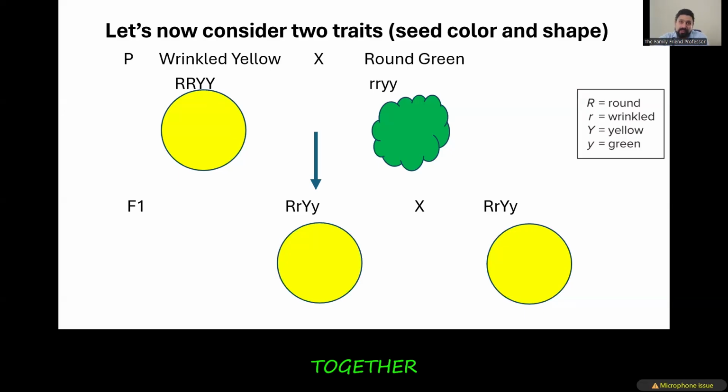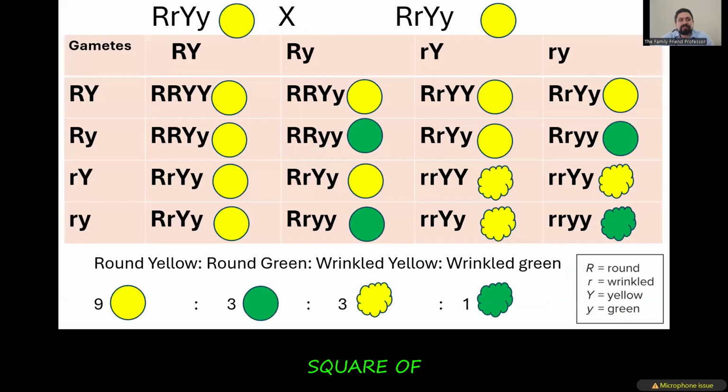When he crossed these together, he got a Punnett square of 16 different genotypes. To construct this table, you know that this is big R, little r, big Y, little y. The big Y is yellow, the little y is green. Similarly, he picked big R for round and little r for wrinkled.